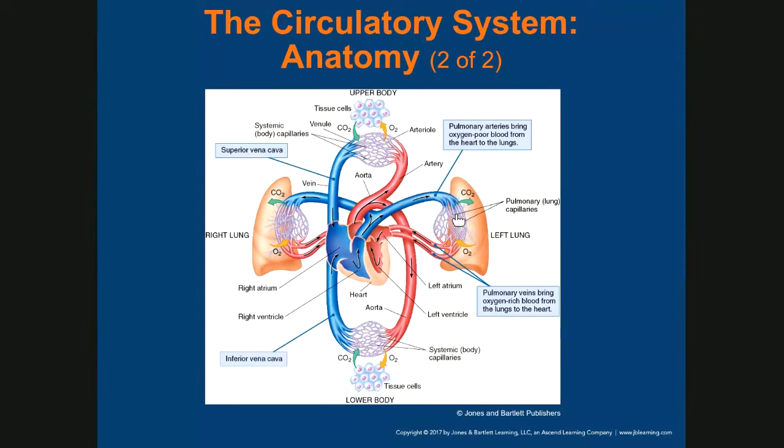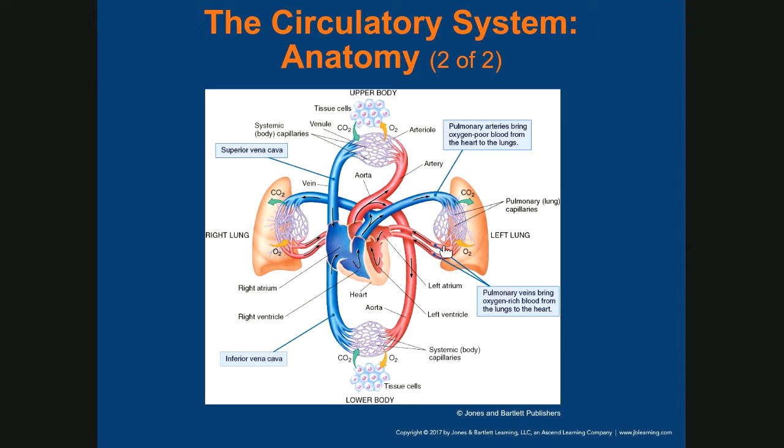So the oxygenated side of the pulmonary capillaries then connects to the pulmonary venules, which are the smallest veins in the body. The pulmonary venules then form the pulmonary veins.